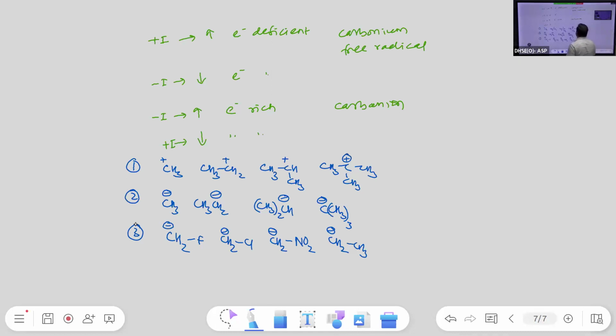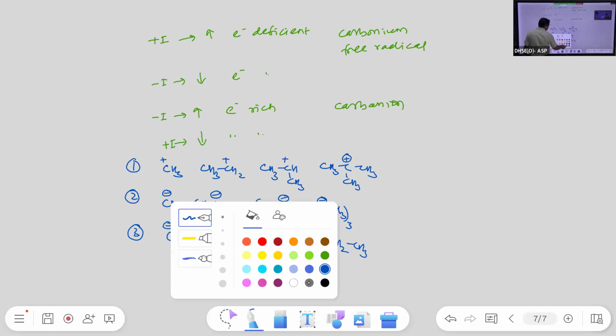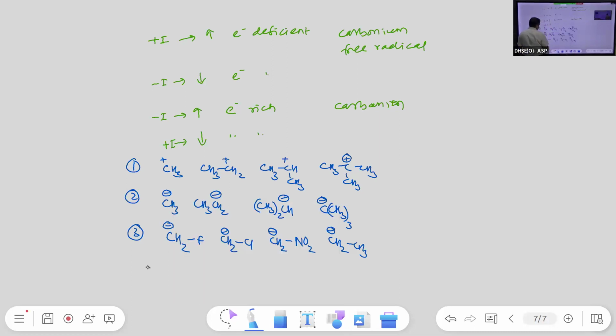Write your answer in the chat box. Write in decreasing order: 1, 2, 3, 4.